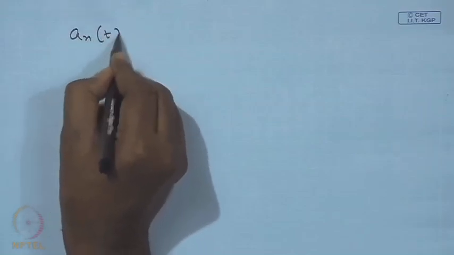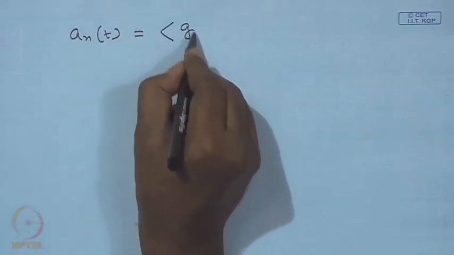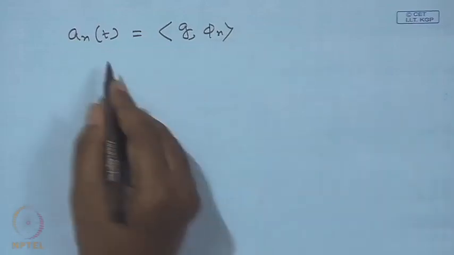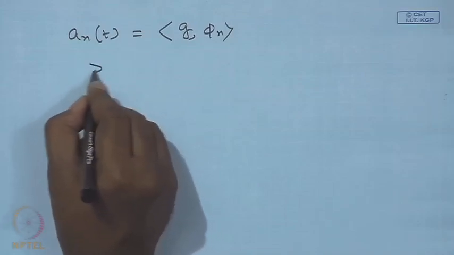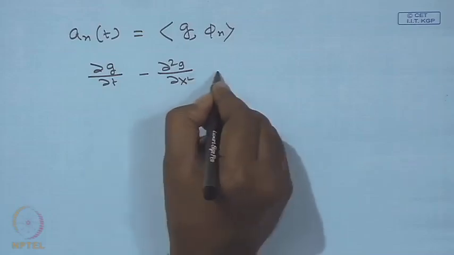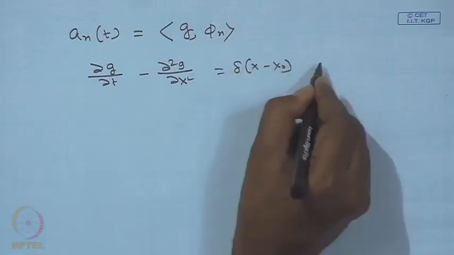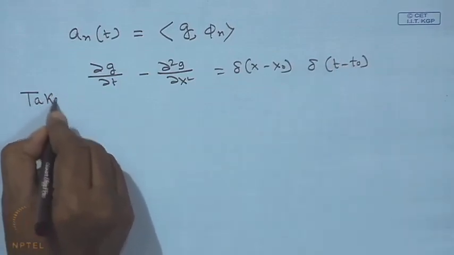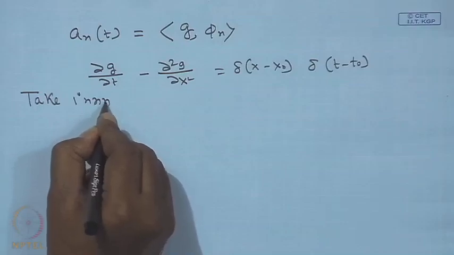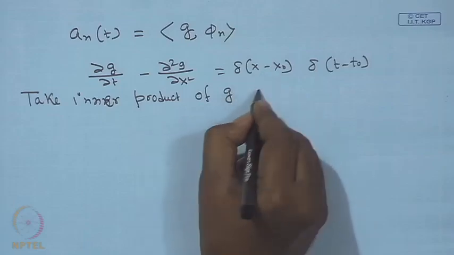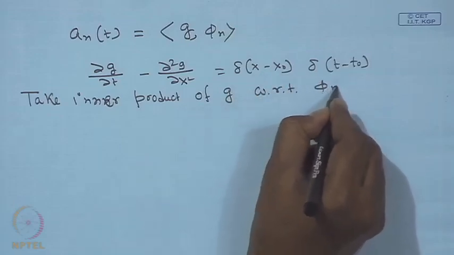So, we will get a_n, which is a function of time, equal to the inner product of g and phi_n. Next, we write the governing equation of g: del g del t minus del square g del x square equals delta(x minus x0) delta(t minus t0). We take the inner product of this equation with respect to phi_n.